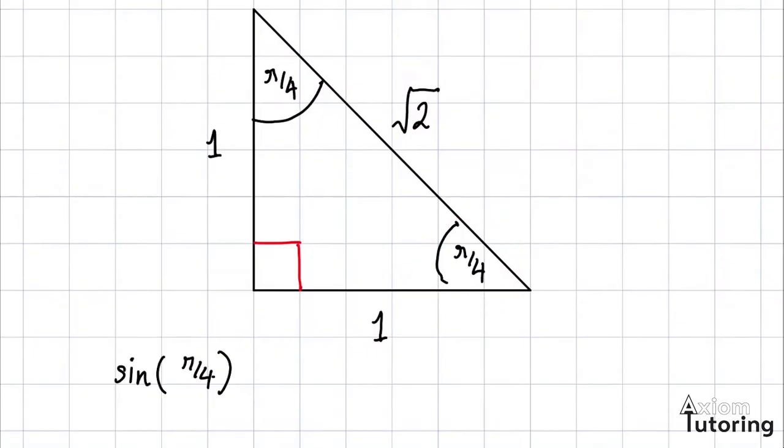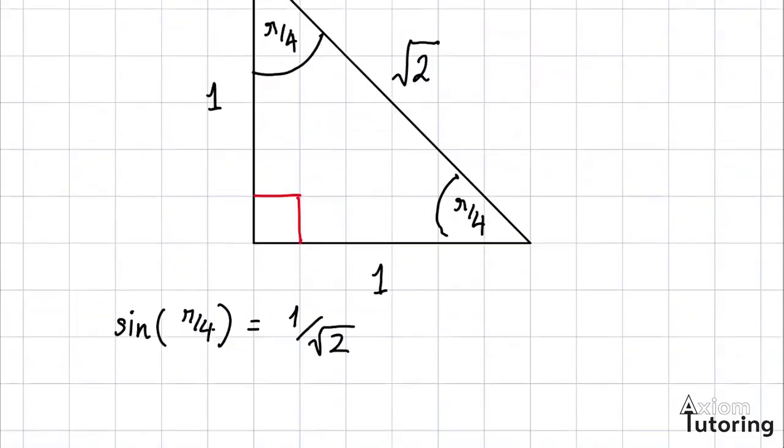We know that sine of theta is equal to the opposite over hypotenuse. So if that is our theta, then our opposite side is equal to 1, because it's this side here. So that's our opposite over hypotenuse. Our hypotenuse is root 2. So it's just 1 over root 2. And that's our exact value of sine pi over 4.